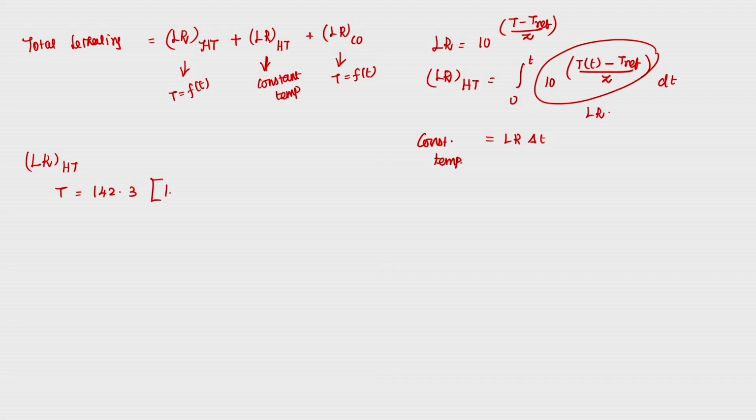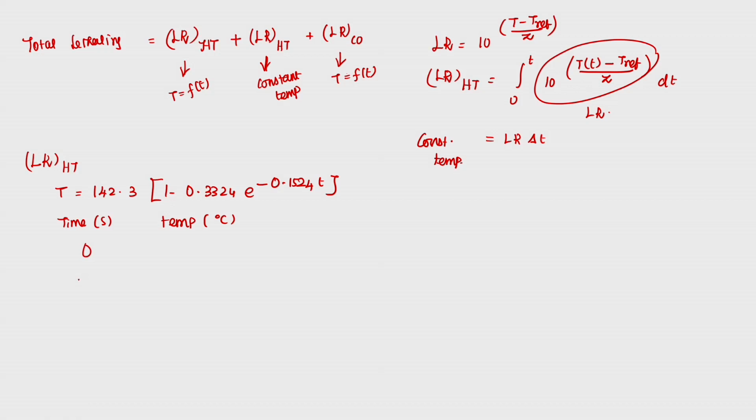142.3 into 1 minus 0.3324 e power minus 0.1524 into T. So, based on which we are going to calculate time versus temperature. Temperature in degree centigrade, time in seconds.